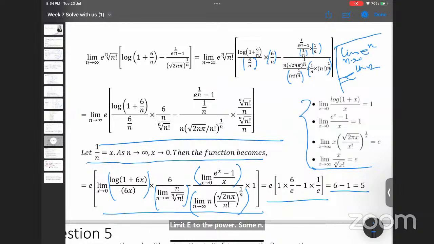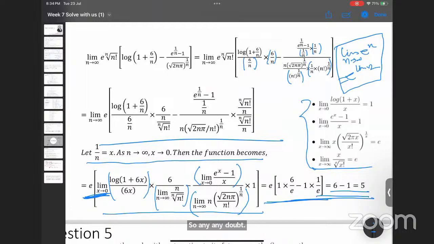This was one of the formulas, right? Here we are just doing this one. So after simplifying, we will get 5 as a result. Any doubt?